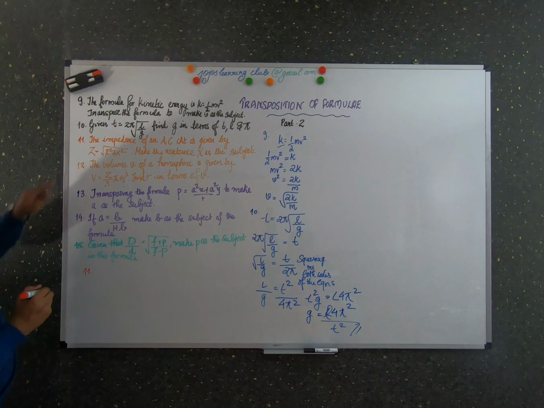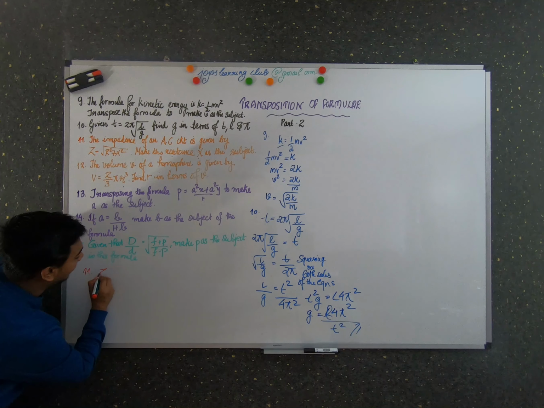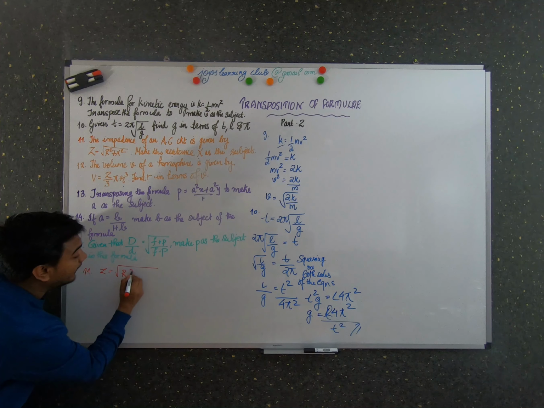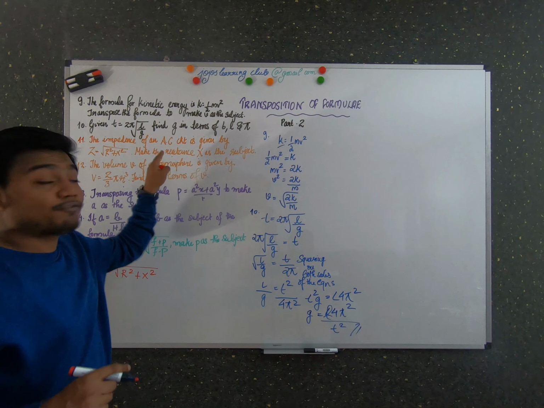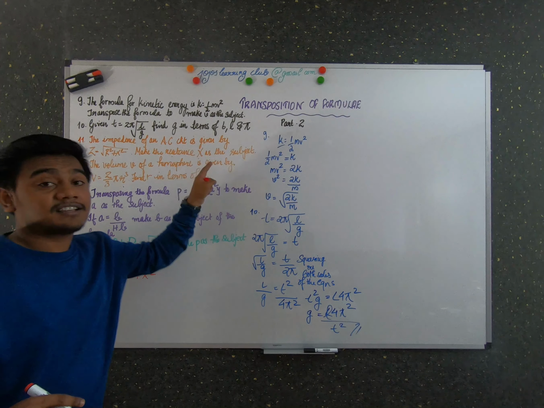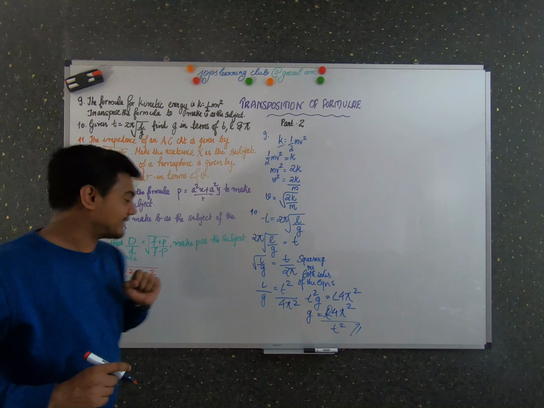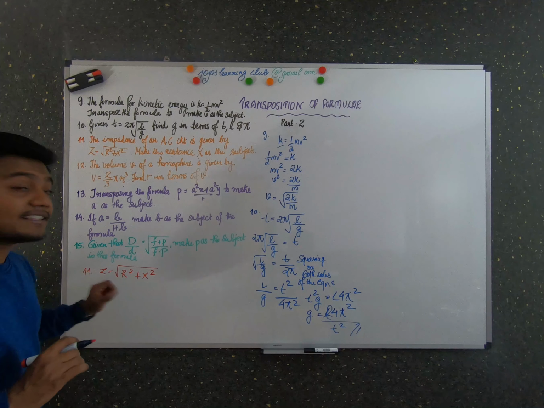What is 11? The impedance of an AC circuit. The impedance of an AC circuit is given as Z is equal to root of R square plus X square. We want to make the reactance X the subject.